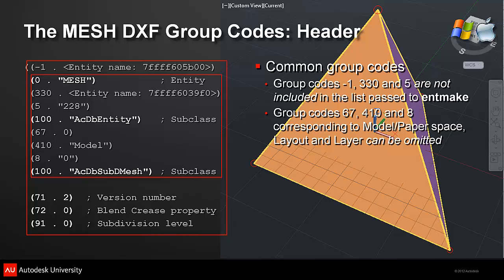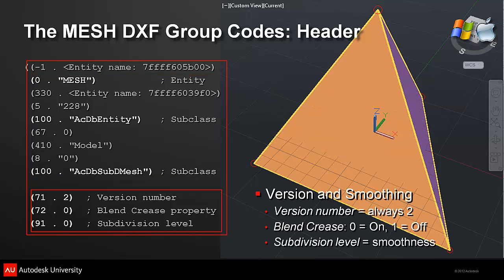Only group codes 0 and 100 are absolutely necessary. Code 71 is fixed, corresponding to the Shape Manager software version. Code 72 refers to the smoothing mechanism, although it seems to have no visible effect. Code 91 is the most important header code, as it will define the mesh smoothing level.